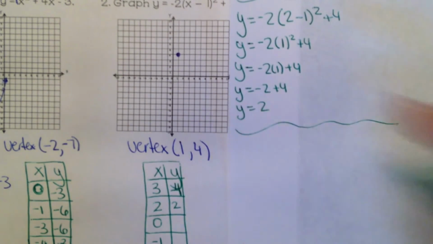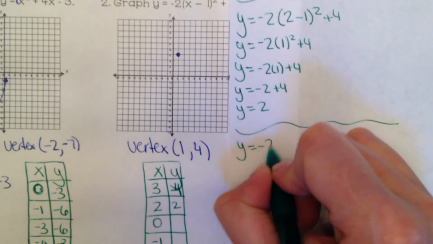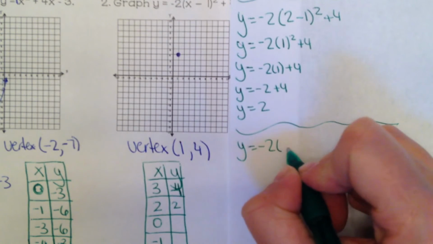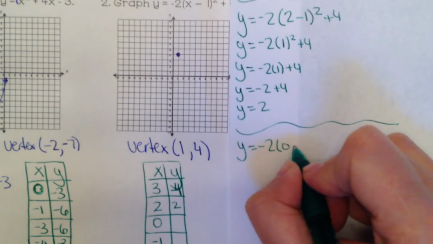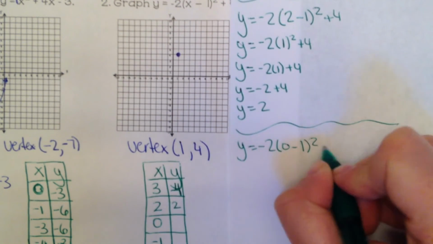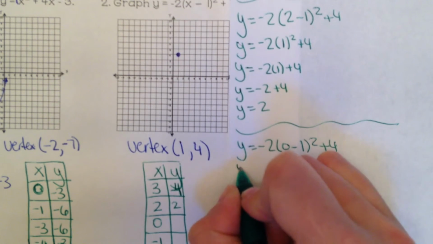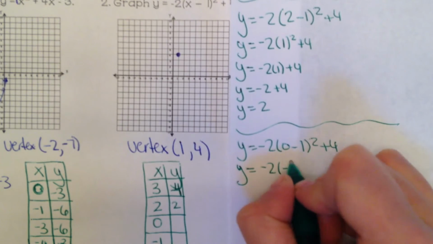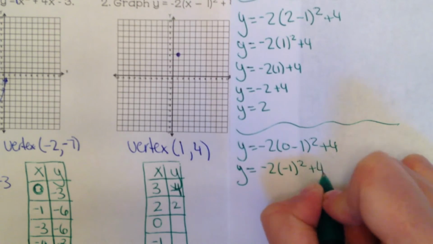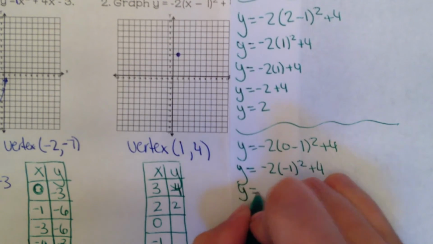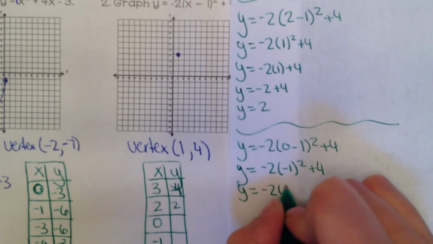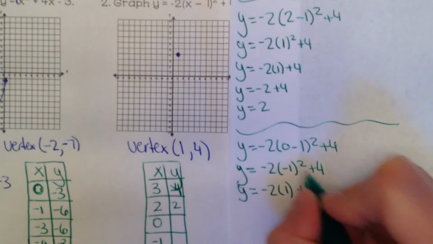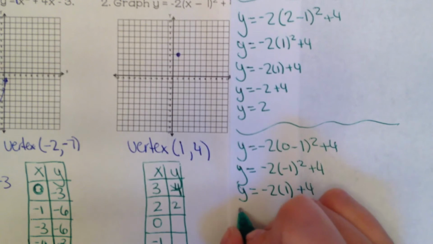Okay, 2 more. We have y equals -2 times, I'm plugging in 0, 0 minus 1 squared plus 4. So we simplify. Y equals -2 times -1 squared plus 4. Y equals -2 times 1 plus 4 because -1 squared is 1.